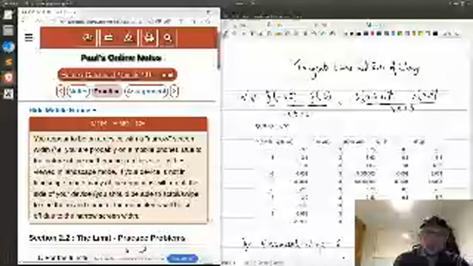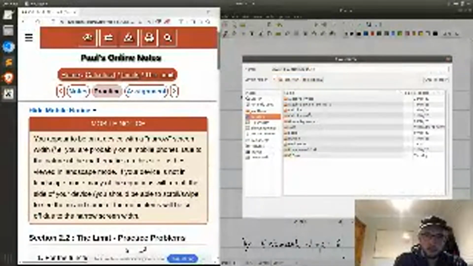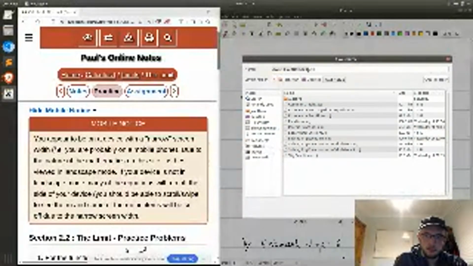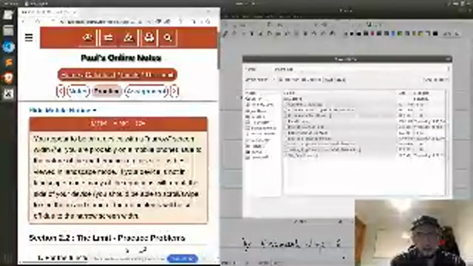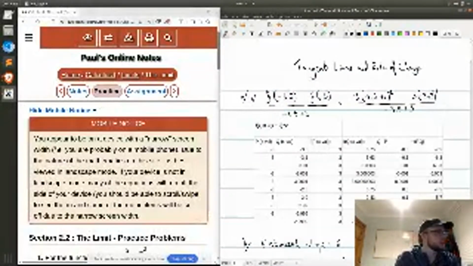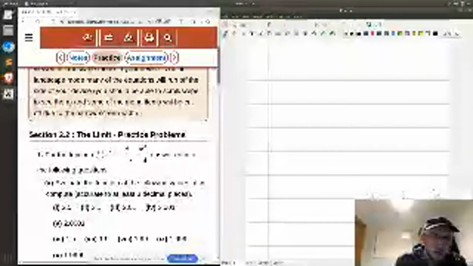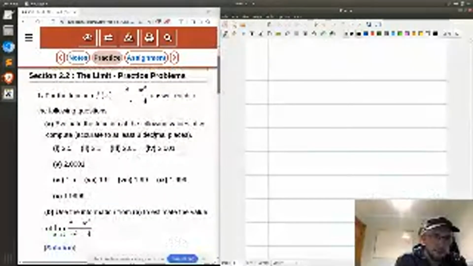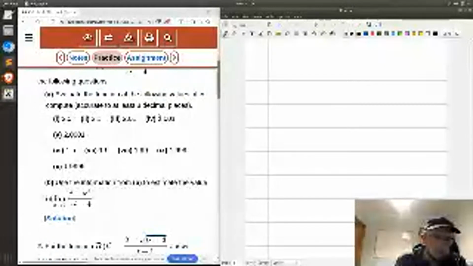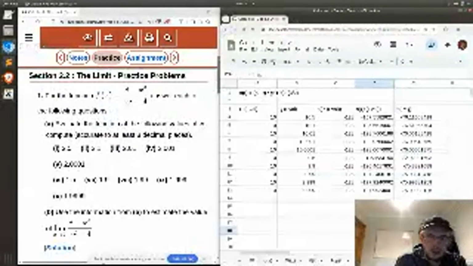And now to save this, tangent lines and rates of change. Next up, the limit. All right, so what's going on here?